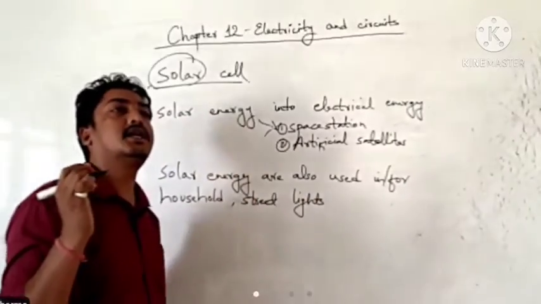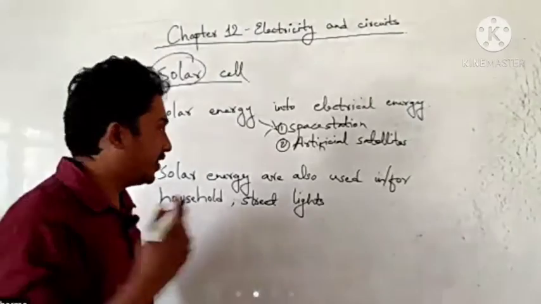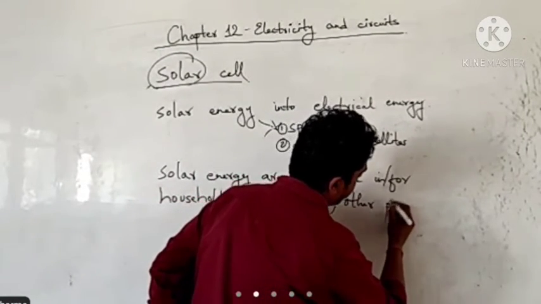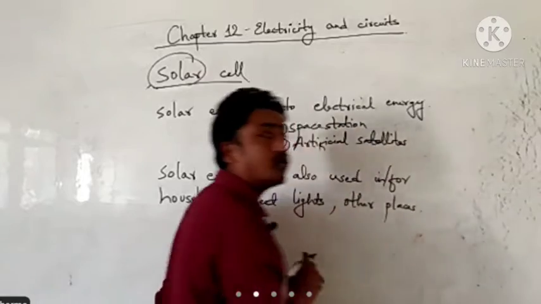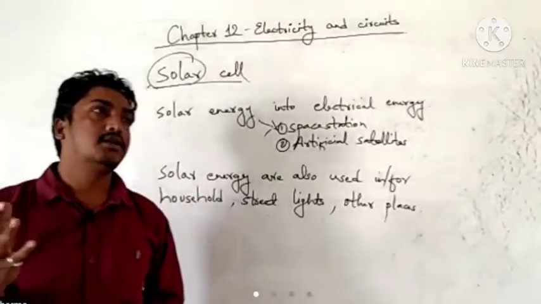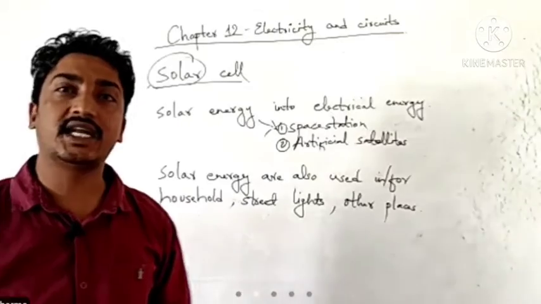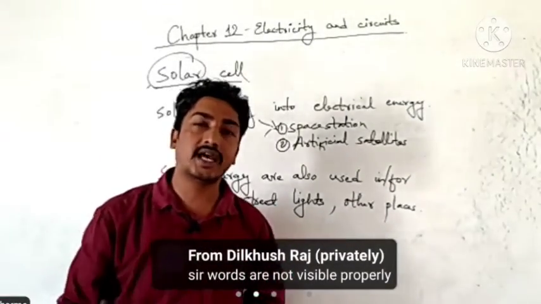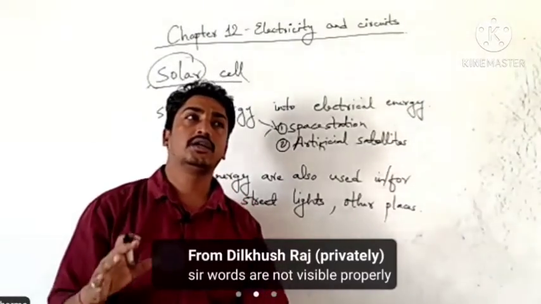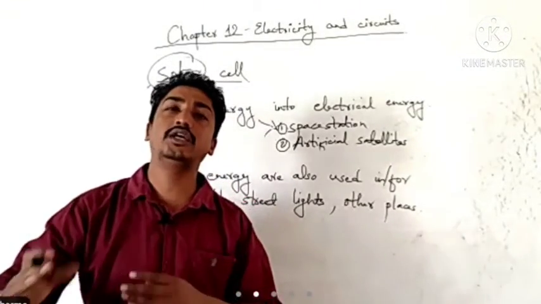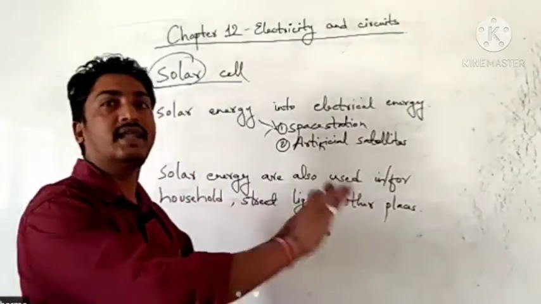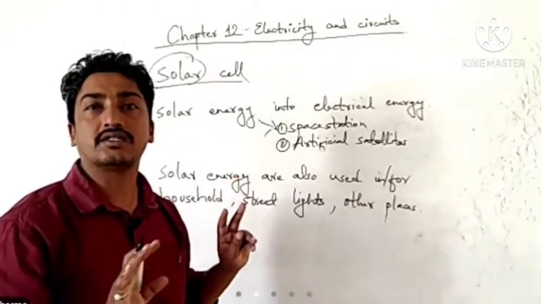Then we can say at various places, other places also, and it is more conventional because when the solar panel is heated up, the energy is stored. The energy is either stored or processed through a bigger battery, and from the battery direct current is passed.